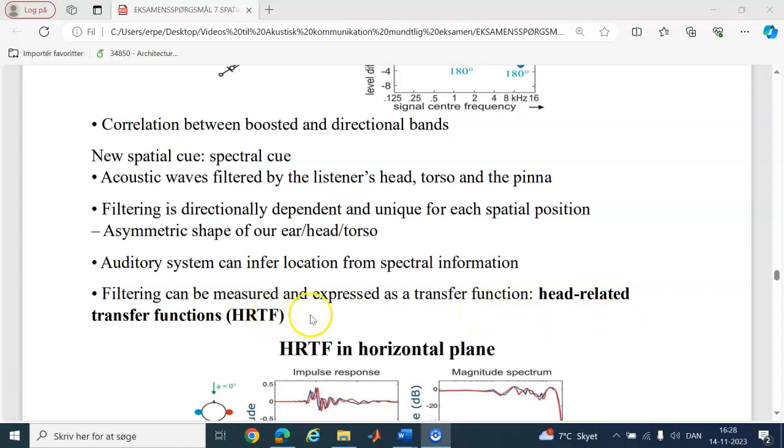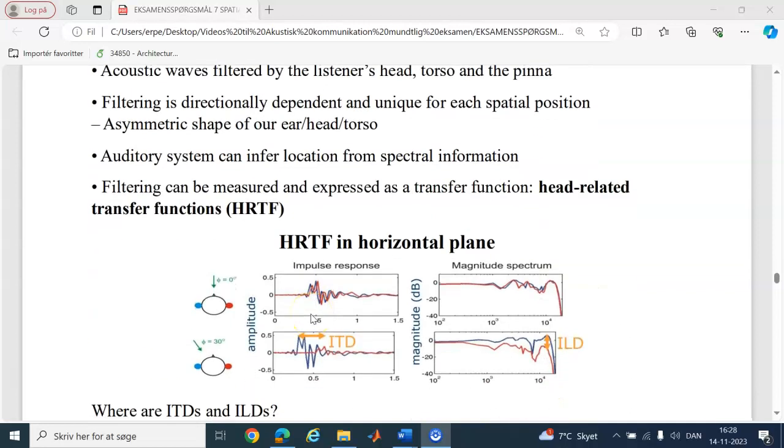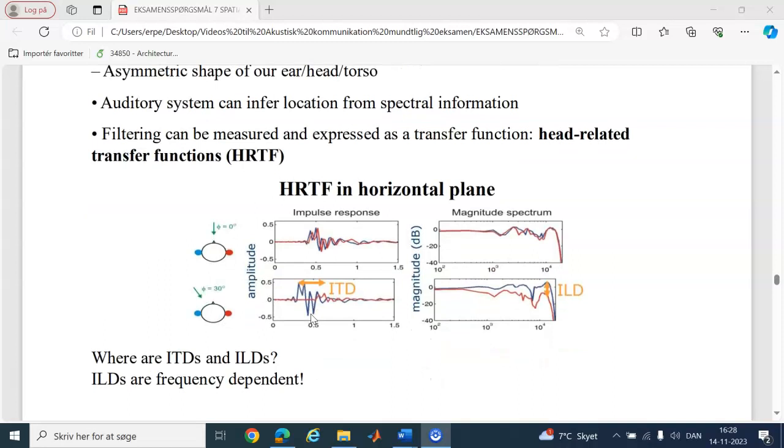Head-related transfer functions. We have an HRTF in the horizontal plane with an azimuth angle of 0. Then there's an impulse response and a magnitude spectrum. Then the azimuth is 30 degrees.